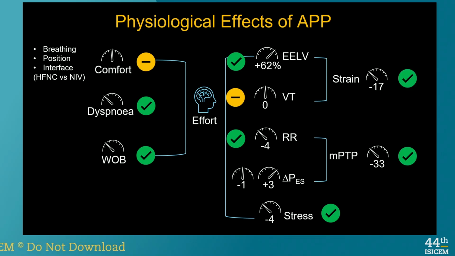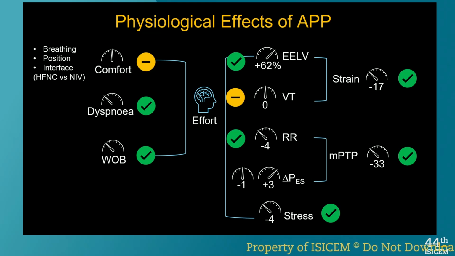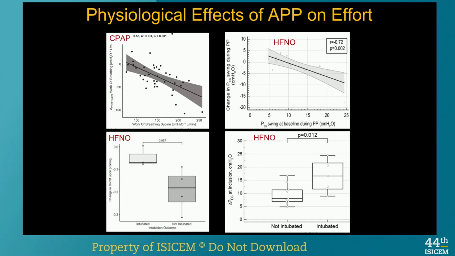And if you take the tidal volume over the end expiratory lung volume, which is strain, that decreases. And again, the pressure time product, which is an effect of effort, decreases as well. But there is a little bit more heterogeneity regarding the swing in esophageal pressure, with some data showing a decrease and some of them an increase.